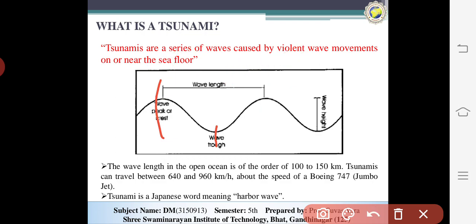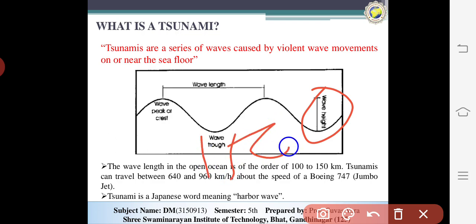So ocean or tsunami waves are also considered waves, and the high peak is called the wave height. Now generally, ordinary wind waves affect only the surface of the oceans, below 150 meters.